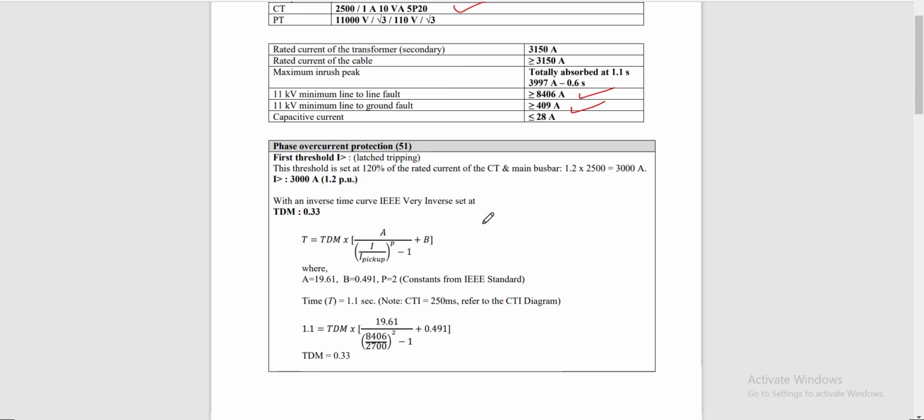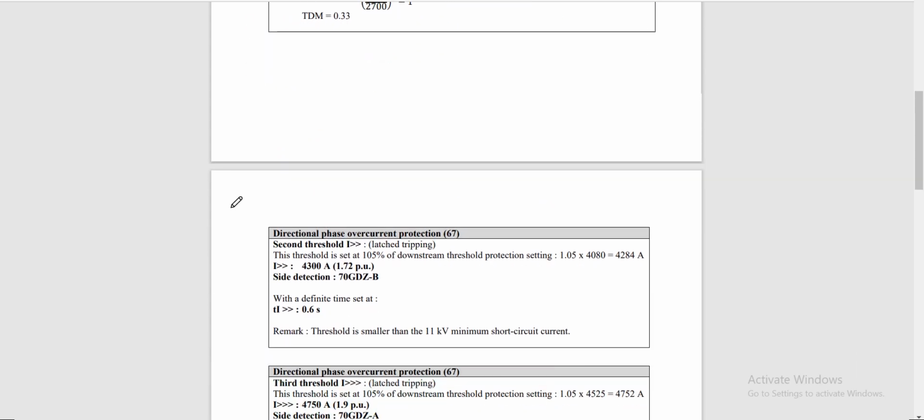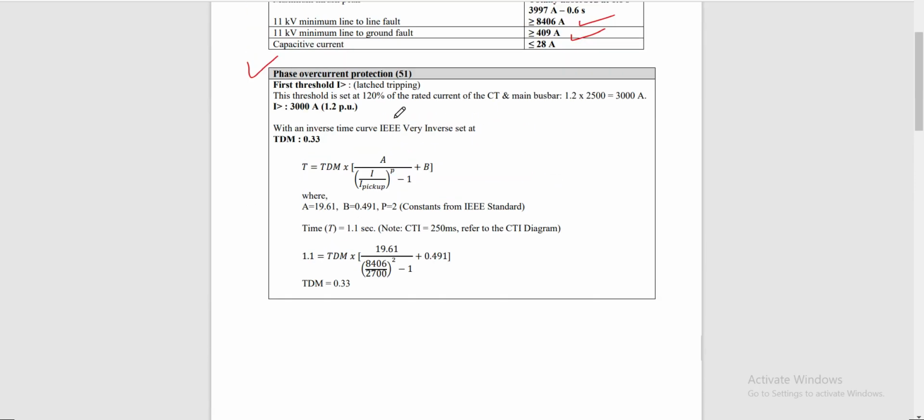Okay, so right now we will calculate the relay settings for relay 51 for the phase overcurrent protection, and also for the directional phase overcurrent relay. By the way, this relay 51 is only assigned for the first threshold.